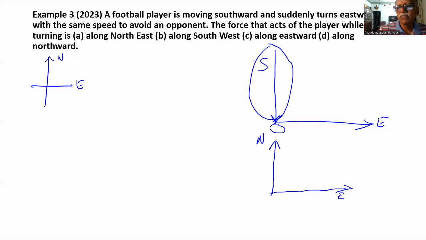So what is the resultant of this? To find the resultant, draw a parallel line to this, parallel line to this. Then this is the resultant. That is north, east.